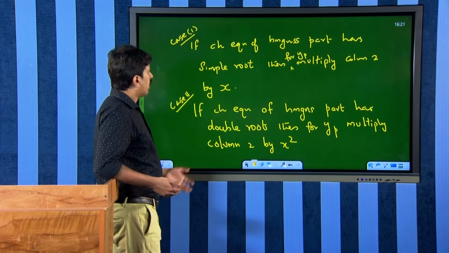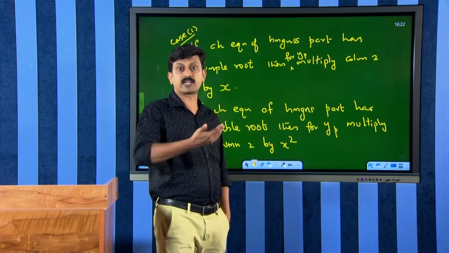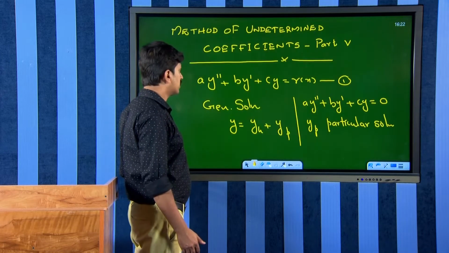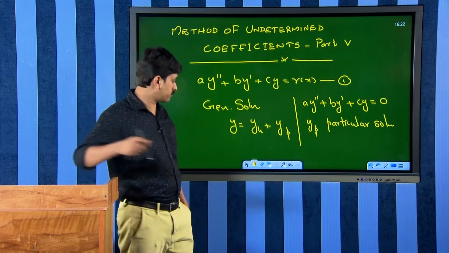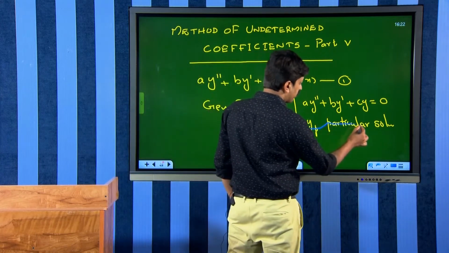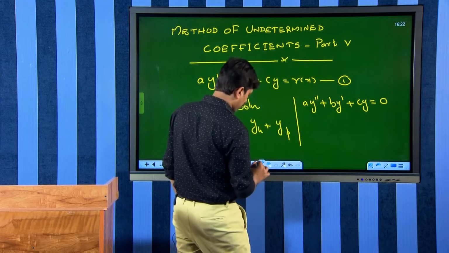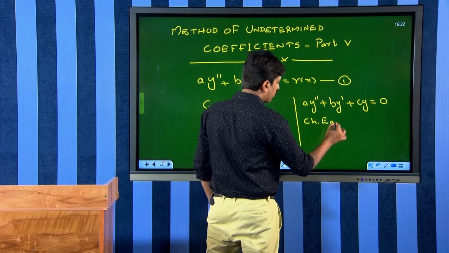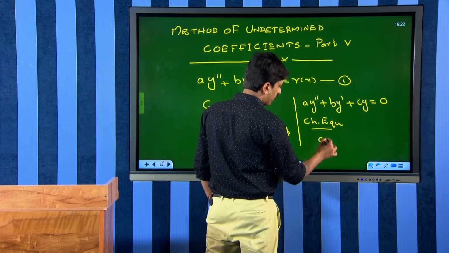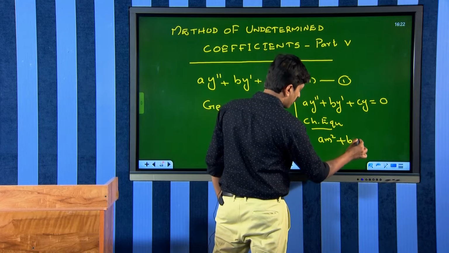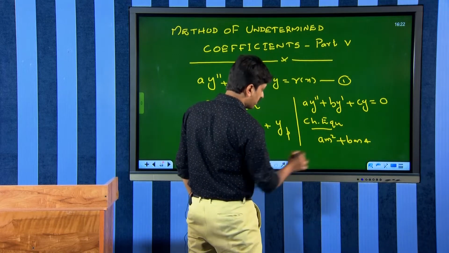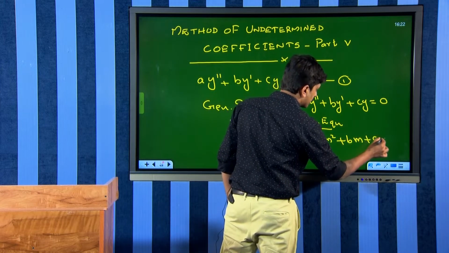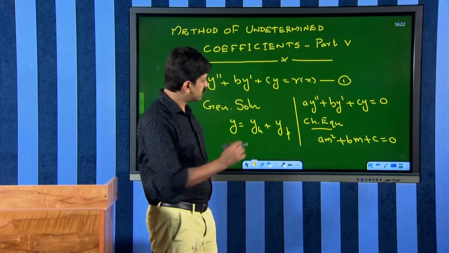For the homogeneous equation we have the characteristic or auxiliary equation a m square plus b m plus c equal to 0. This is a quadratic equation.